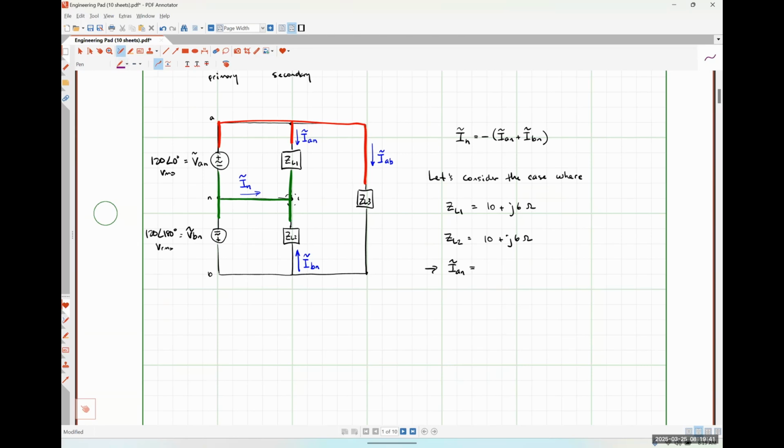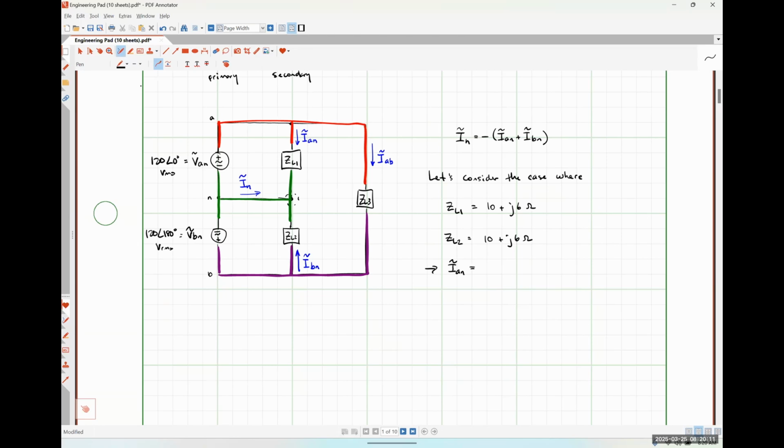And that's all one node. So my impedance ZL1 is between that red node on top and the green node in the middle. And my voltage source VAN is between the red node on top and that green node in the middle.